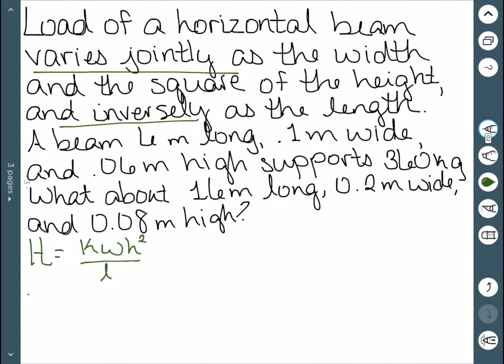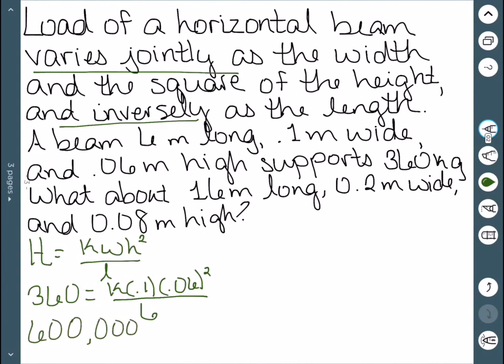I know that this load is 360 kilograms when my width is 0.1, my height is 0.06, and my length is 6. If we solve for K here, we'll see that K is actually equal to 600,000.